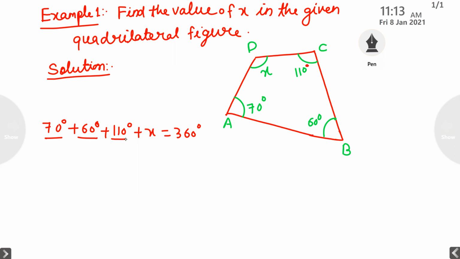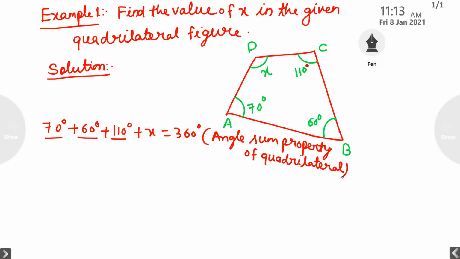Again, I am saying students, when we know three angles and want to find the fourth angle, down here write: angle sum property of quadrilateral. This comment is very important.